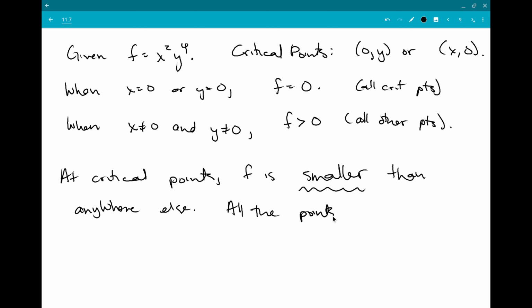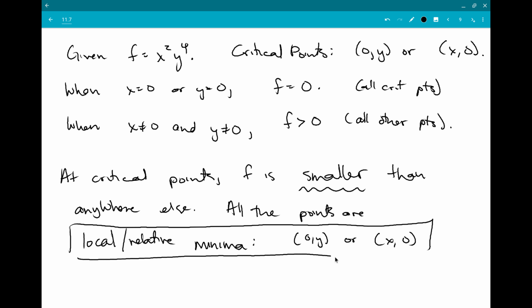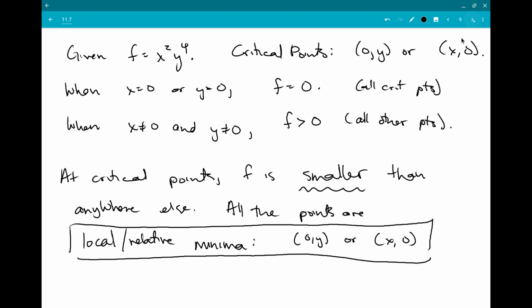So that means all of the points are local, or relative, minima. And again, those points are (0, y) or (x, 0). And that's the kind of argument you have to make to classify your critical points when the discriminant test fails. So just be ready to make that sort of observation about how your function behaves whenever you stumble into this type of case.